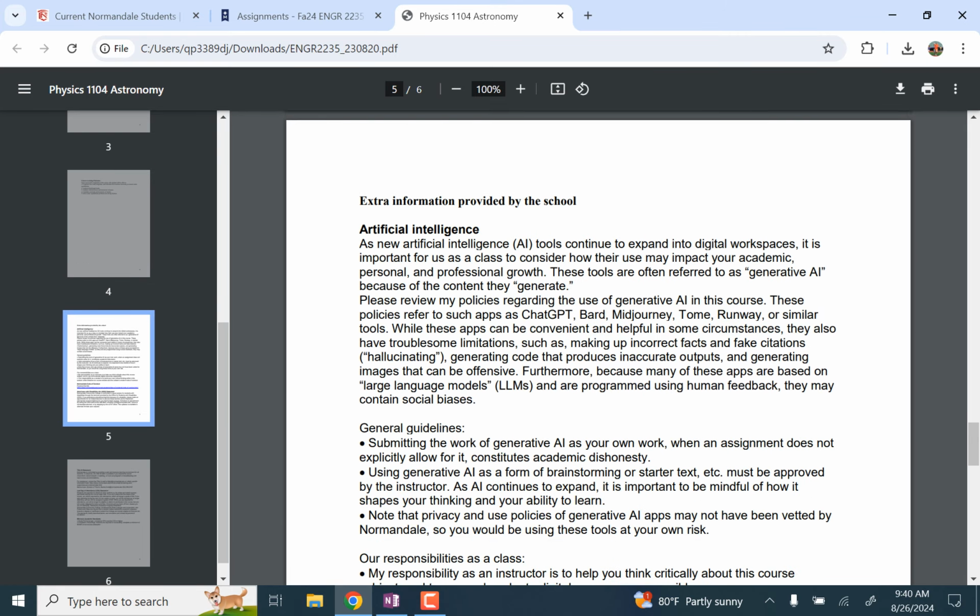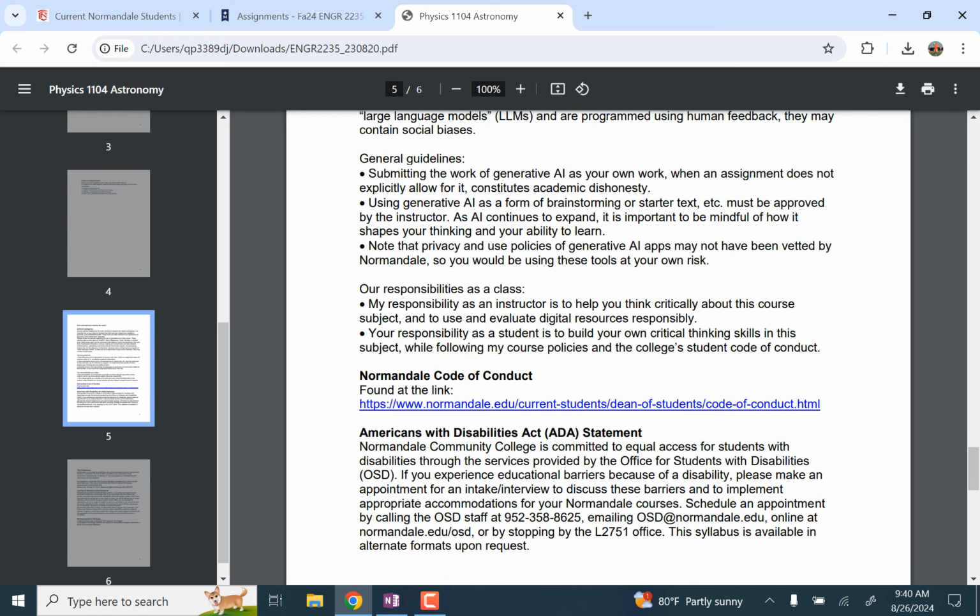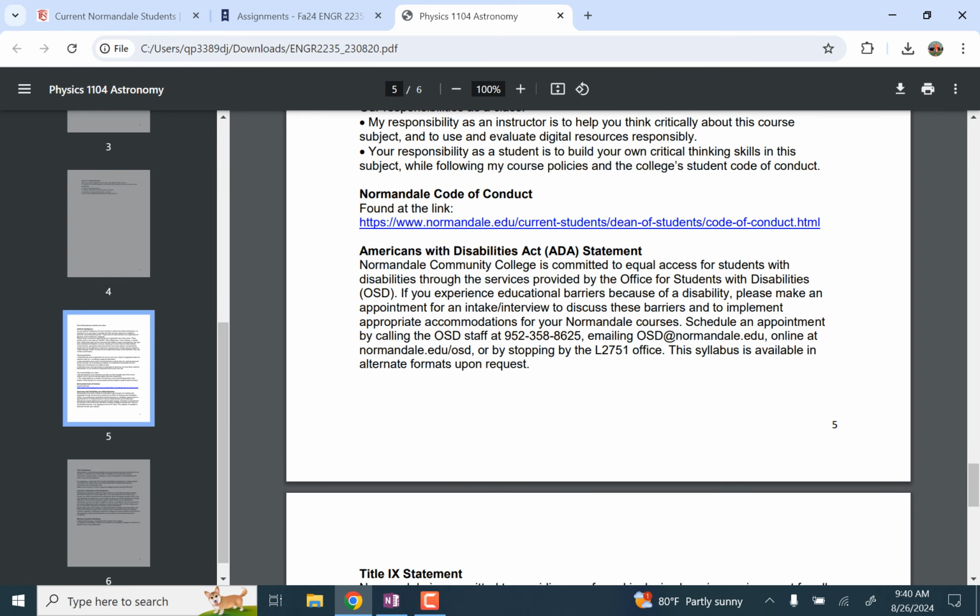One thing that it looks like I do not have mentioned in here is, oh, I guess it's mentioned here. We have a really big and good office for students with disabilities, the OSD office. So if you suspect that you might be someone who needs more time on exams, or you think you would benefit from having a quiet space to take exams or something like that, you should just call them or go over to this office.